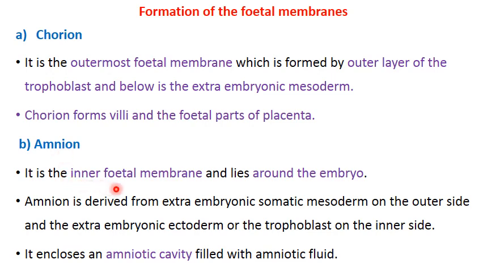Next fetal membrane is the amnion. So, it is lining the amniotic cavity. So, the inner fetal membrane that lies around the embryo or the fetus. So, amnion will be derived from the extra embryonic somatic mesoderm on the outer side and extra embryonic ectoderm or the trophoblast on the inner side, and it encloses an amniotic cavity which will be filled with amniotic fluid.